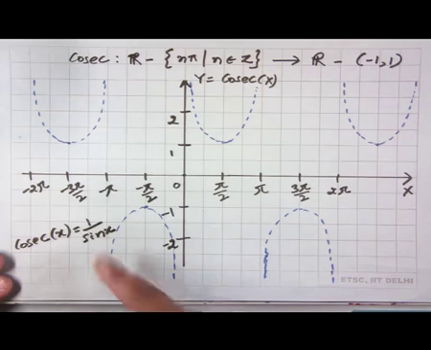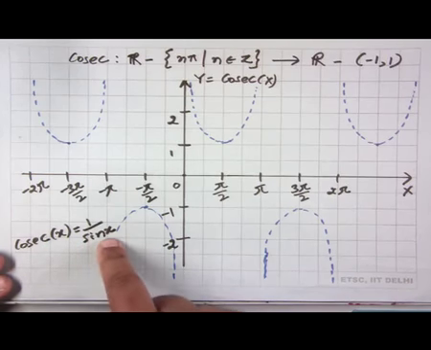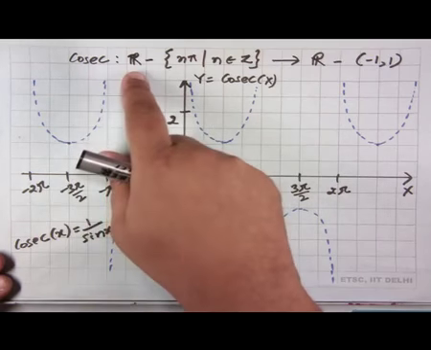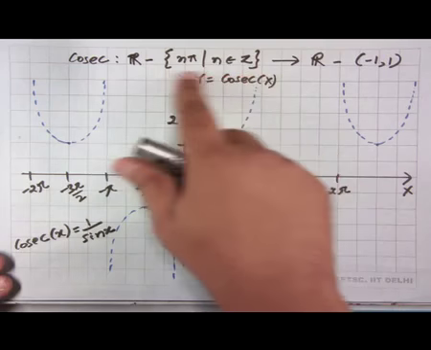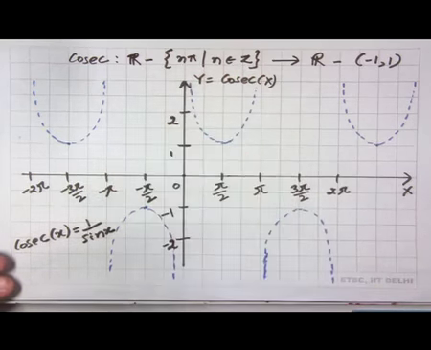Because it is 1 over sine of x, it will not be meaningfully defined whenever sine x is equal to 0. Therefore, whenever x is an integer multiple of pi, cosecant of x is not meaningfully defined, and the domain of the cosecant function is the set of all real numbers except integer multiples of pi. So, that is the domain of cosecant x.